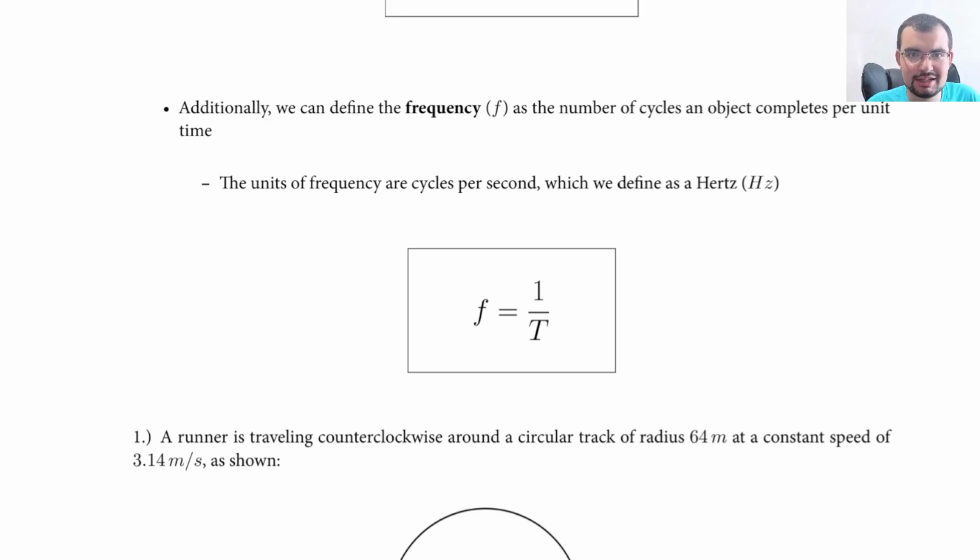And that doesn't make sense for a lot of motions that are happening slowly or over big radii, but for smaller scale things, we are interested in this. So the frequency units will be 1/seconds, because it's 1 cycle per how many seconds. And we define that as a hertz, Hz.